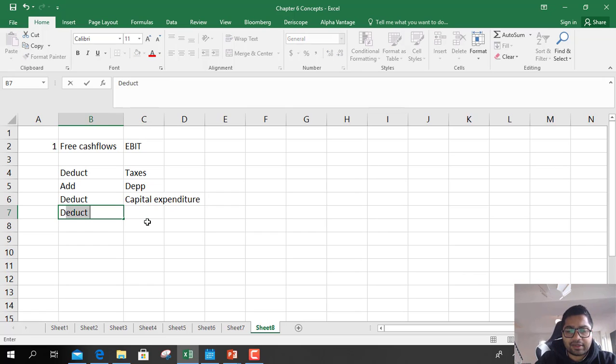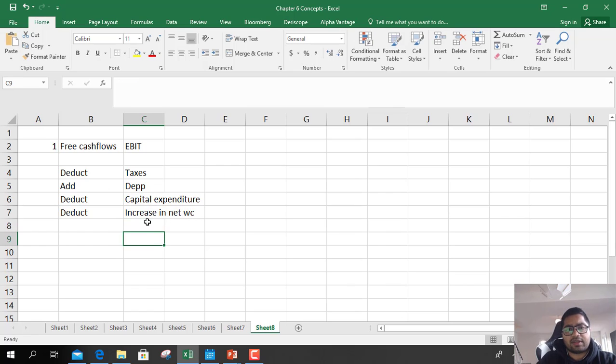And you deduct increase in net working capital. So you take EBIT, you deduct taxes, you add back depreciation because depreciation is a non-cash expense. You deduct capital expenditure because with capital expenditure you create an asset, but in actual cash flow position you are spending it. Then you deduct increases in working capital. Whatever you get is known as free cash flow to firm.